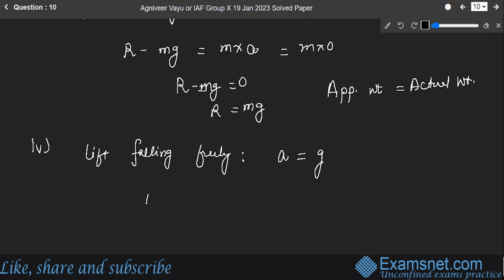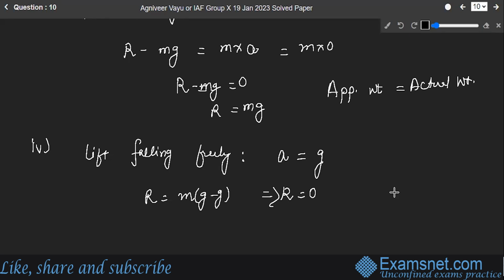Then in this case, R is equal to mg minus g, that means R, the apparent weight, becomes equal to 0. Therefore, the apparent weight of the man becomes 0 if the lift is moving downwards with the same acceleration g and there are no forces of reaction between the person and the lift, and the person develops a feeling of weightlessness when he falls freely under gravity.